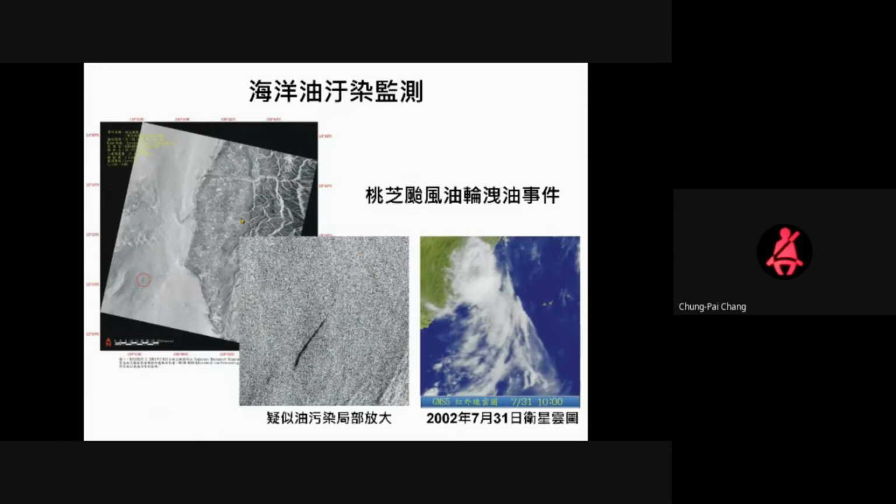And also for the Taiwan area, we can see during the typhoon event, it's Typhoon Toraji in 2002. All this area, you can see the waves, the wind field toward the north. So during this period, the Taiwan island was totally covered by this typhoon, and an oil tanker dumped waste oil in this area and it was observed by the radar images.